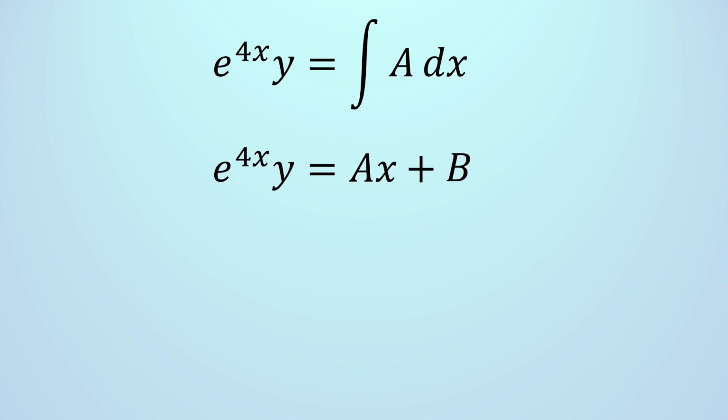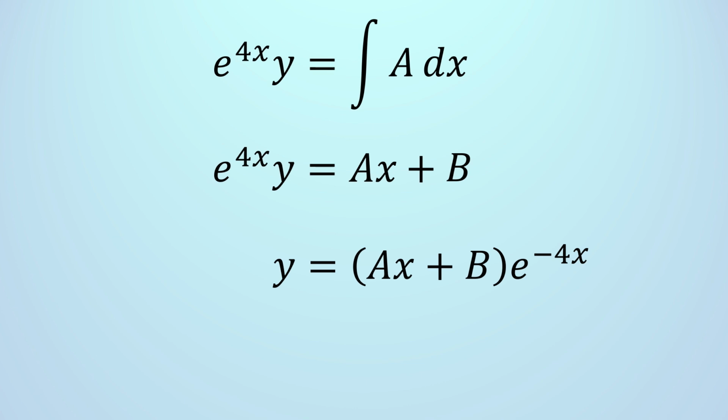That is why we have an ax plus b in the final solution for repeated root situations, because now when we rearrange to make it y equals, of course we're going to multiply both sides by e to the power of minus 4x, so therefore we end up with y equals ax plus b lots of e to the power of minus 4x. It's so neat, I love it.